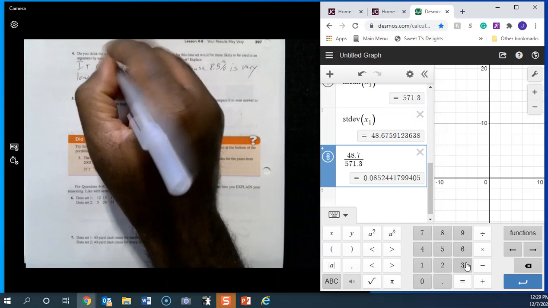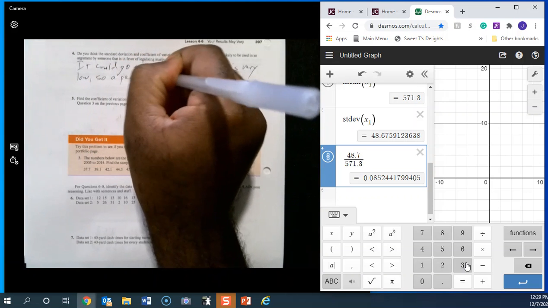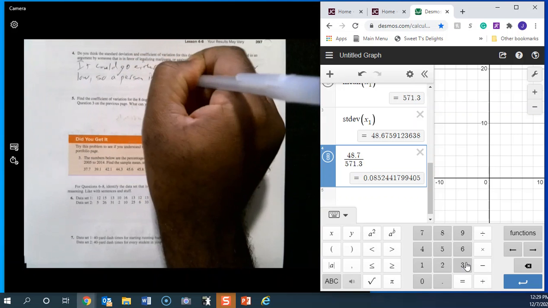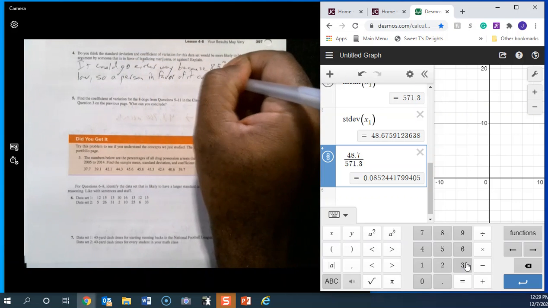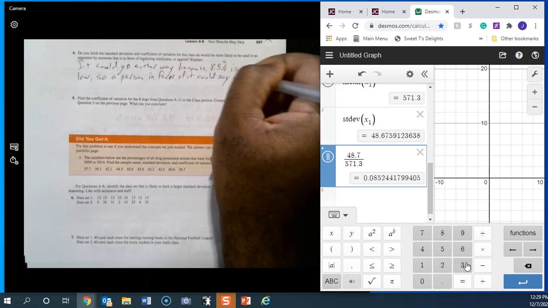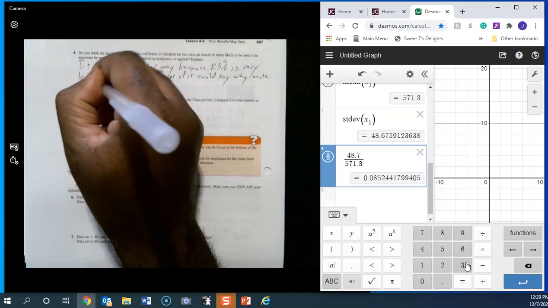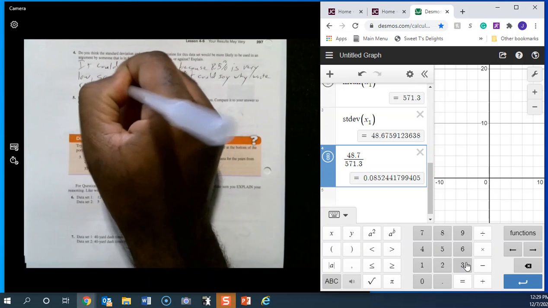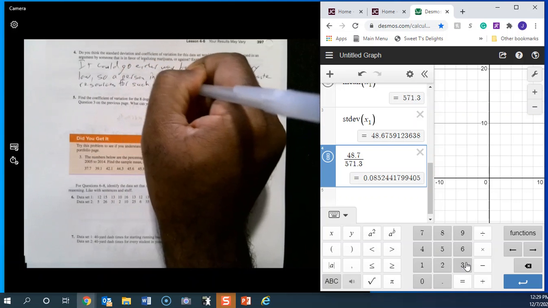So a person in favor of it could say, why waste resources for such a low number?